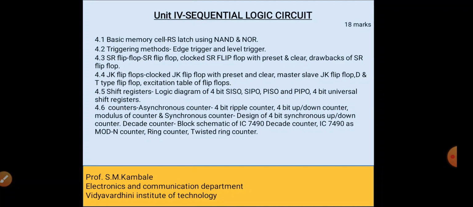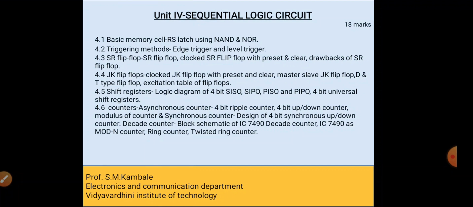Now looking at the next, there is the SR flip-flop. There are some drawbacks in the flip-flops such as the race condition or the no change condition. These are nothing but the drawbacks of the SR flip-flop. To minimize the drawbacks of the SR flip-flop, we will look towards the D flip-flop.